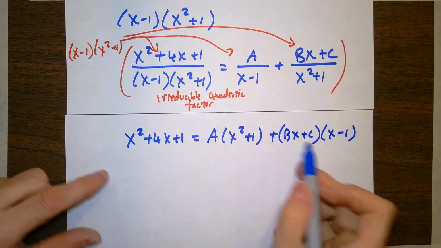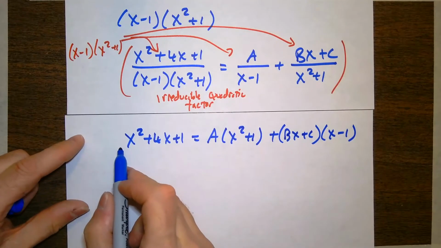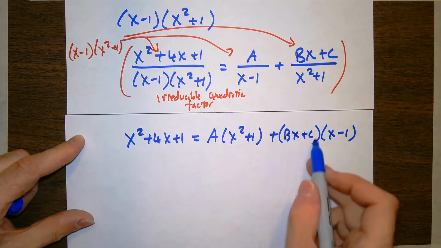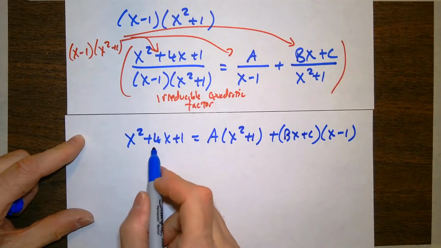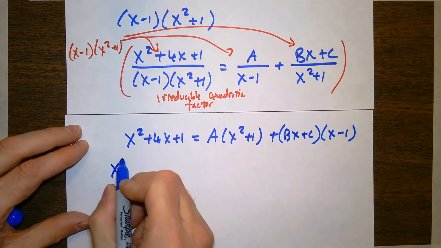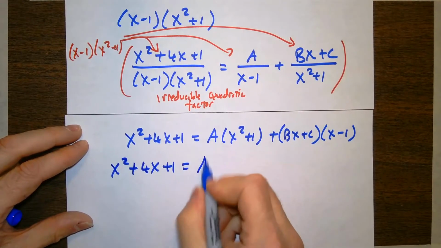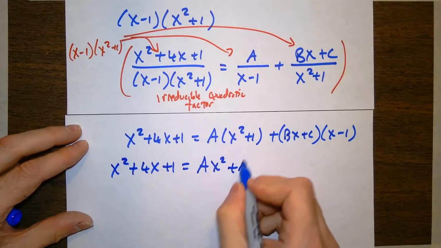And we know we have to break this up and match it. We're going to group all the x squareds together, and whatever the coefficient is, match that to 1. Group all the x's together, whatever that is, that's 4. And all the constants together are going to become 1. All right, so here's the algebra. X squared plus 4x plus 1 equals ax squared plus a.